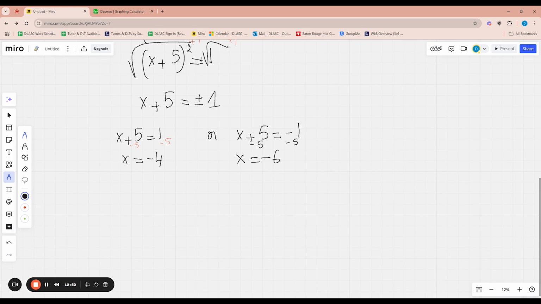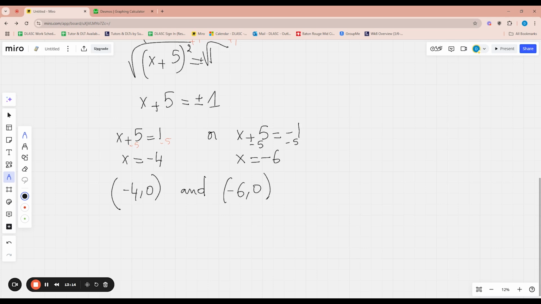So our x-intercepts are -4 and -6. That is (-4, 0), since the y value is 0, and (-6, 0).